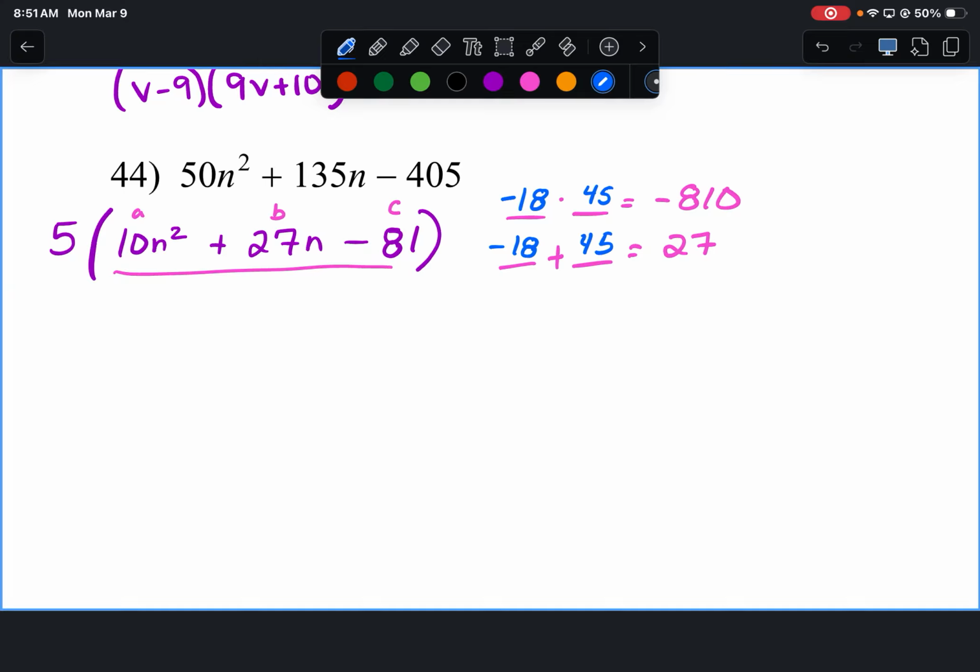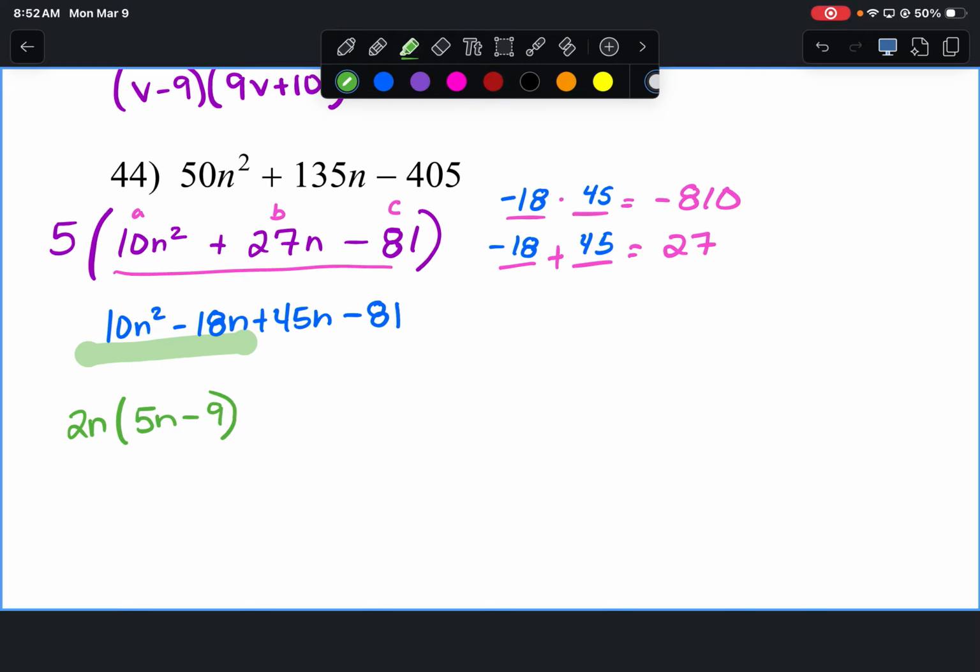Can I use the shortcut? Nah. Okay, so we have 10n squared minus 18n plus 45n minus 81. So we group the first two. What is their greatest common factor? I would say maybe 2n, which leaves us with 5n minus 9.